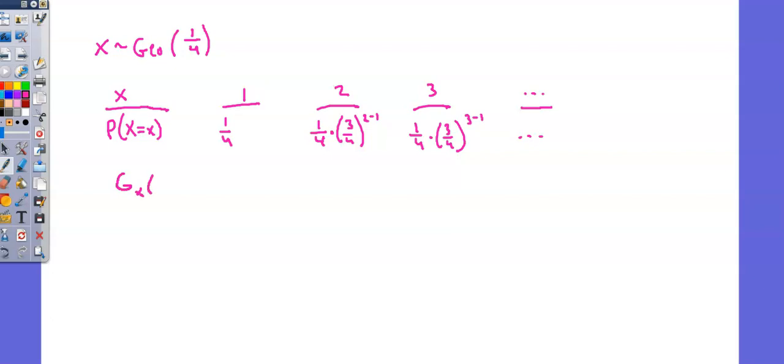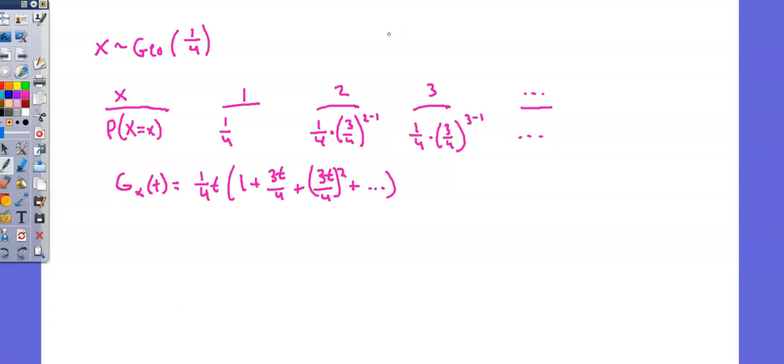Probability generating function for x of 1 over 4 times t times 1 plus 3t over 4 plus (3t over 4) squared plus ongoing. The ongoing notation indicates this is an infinite series.